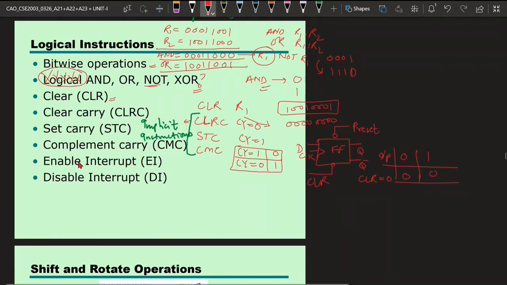Next logical instructions are enable interrupt and disable interrupt. So here there is an enable interrupt instruction. Once it is enabled, it means all the interrupts.